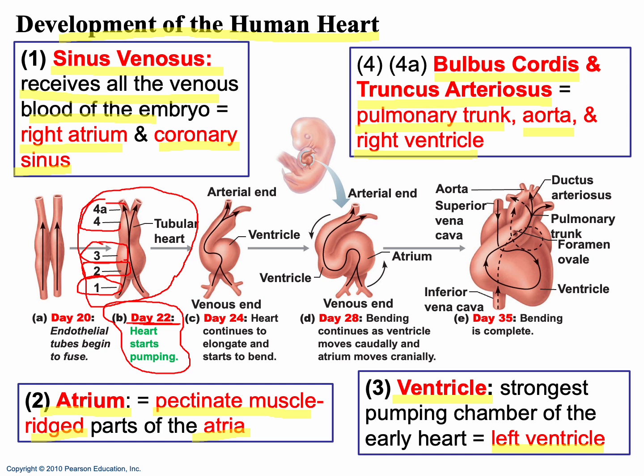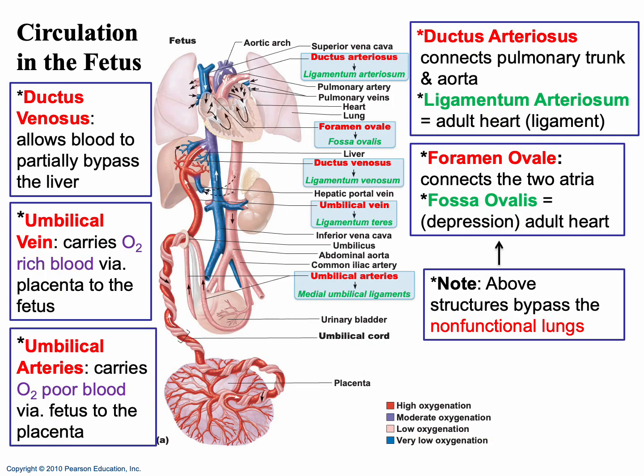The big thing to know here is to be aware of these early embryonic structures. Okay? And what do these early embryonic structures of the embryo heart evolve into in the human heart? So make sure to be aware of that. What are the equivalencies here? All right, we move on.